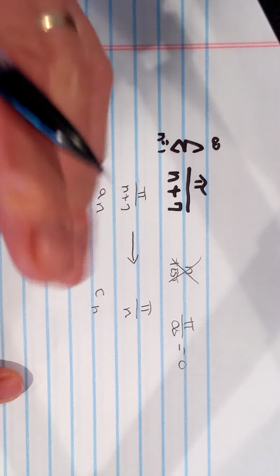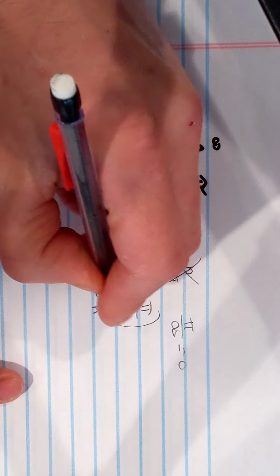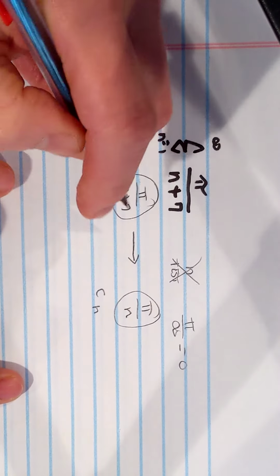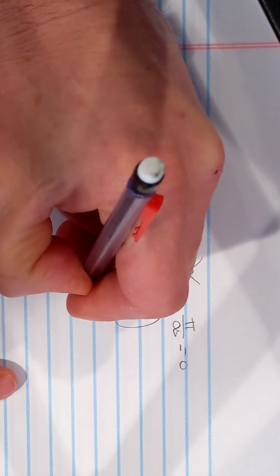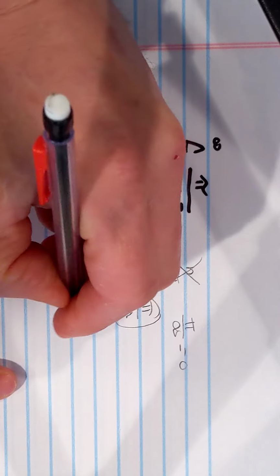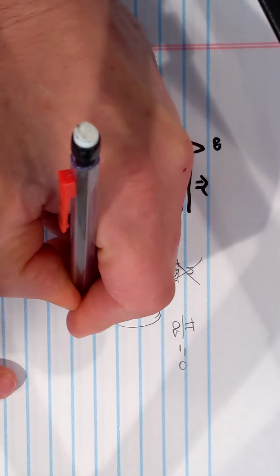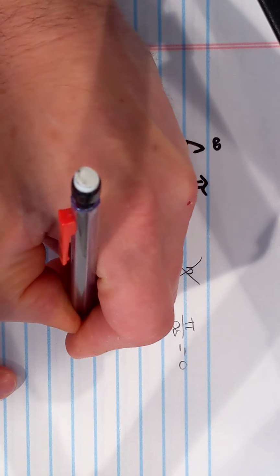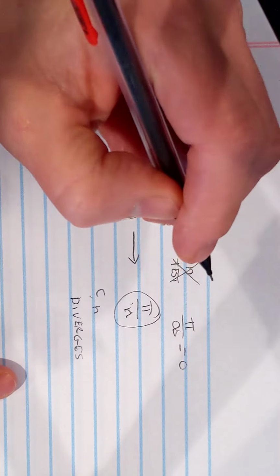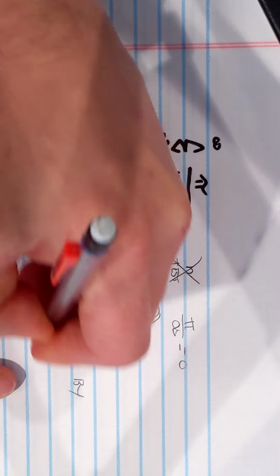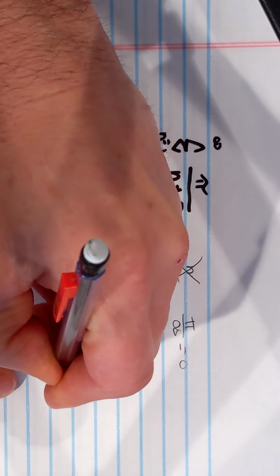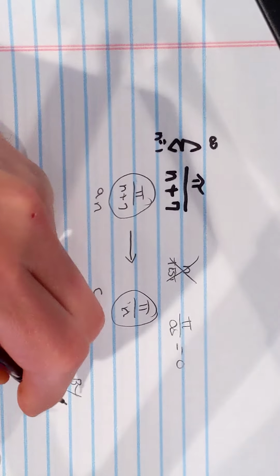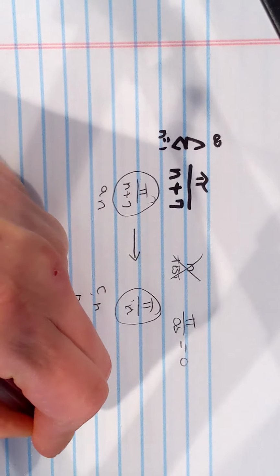So once I identify the comparison, these are much like each other. This Cn, the comparable function, diverges by p-series test, because the p is equal to 1.